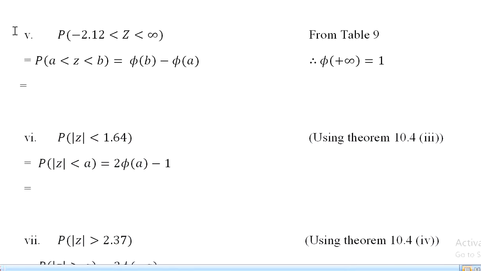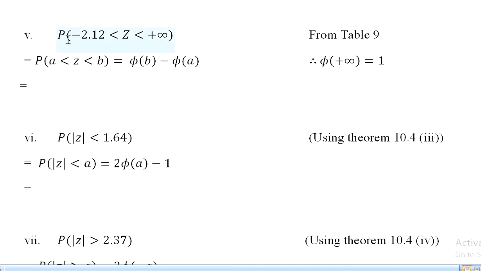Part 5. If you want to find the probability in which you have phi of the upper case, in the previous part we had minus infinity. In this question we have infinity, that means plus infinity. You can write it as plus infinity.